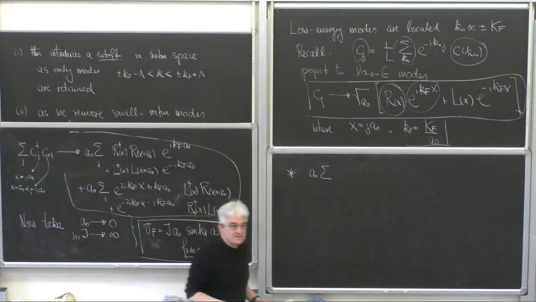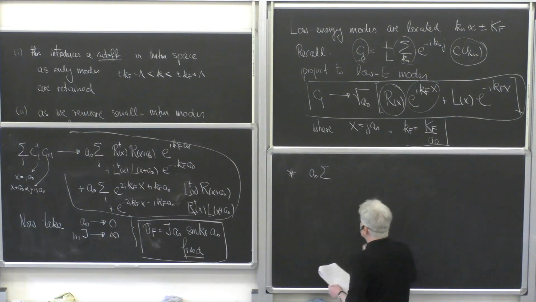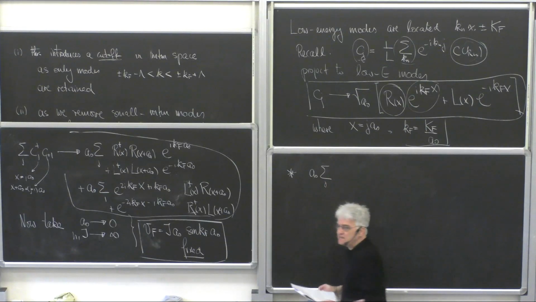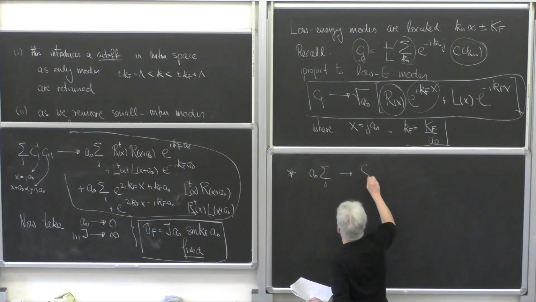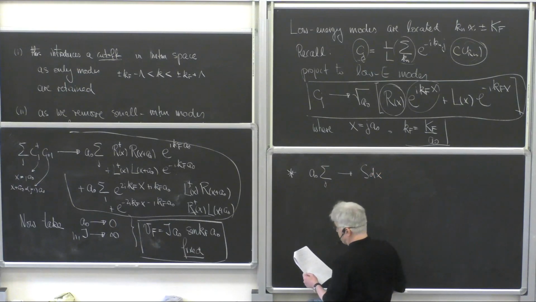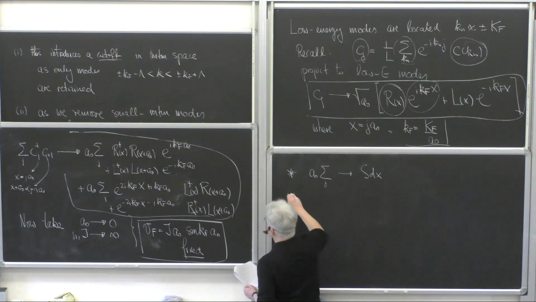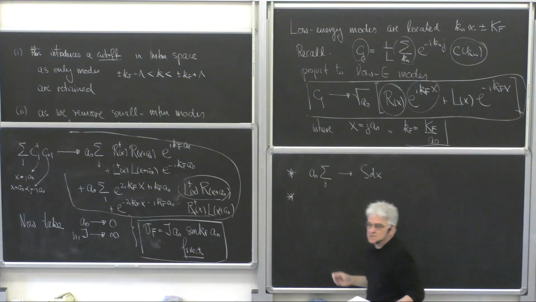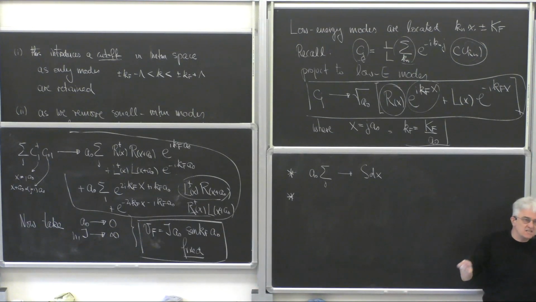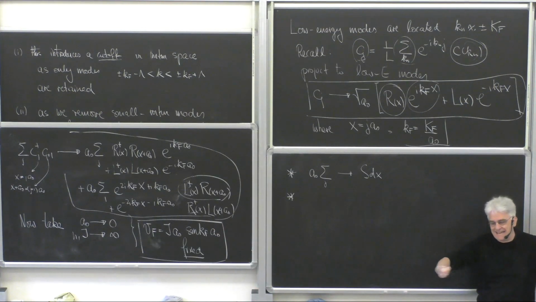So now what we really want to do is turn this into a field theory. And we can do this naively, so there's nothing very subtle here. You turn sums into integrals, that's all that happens. And with regards to stuff like this, you just Taylor expand the fields. The idea is you can Taylor expand the fields because they only contain low momentum modes, so they're in some sense smooth.